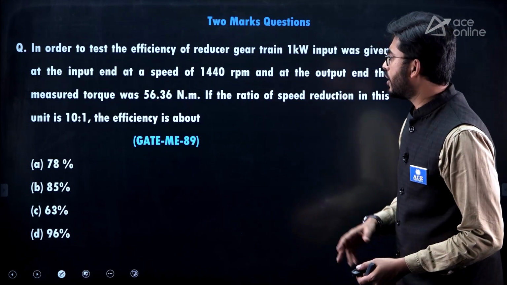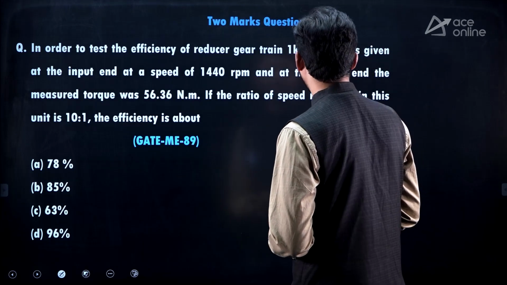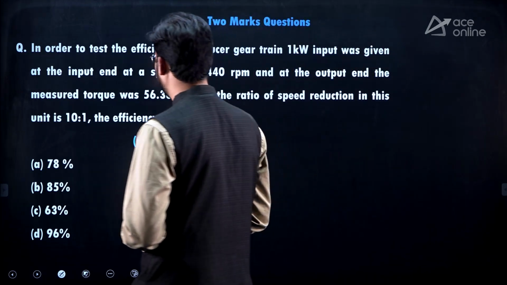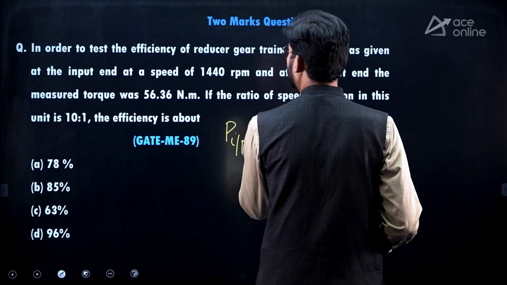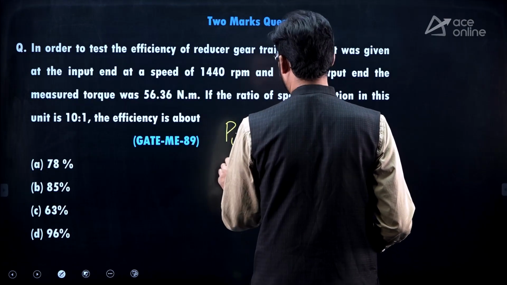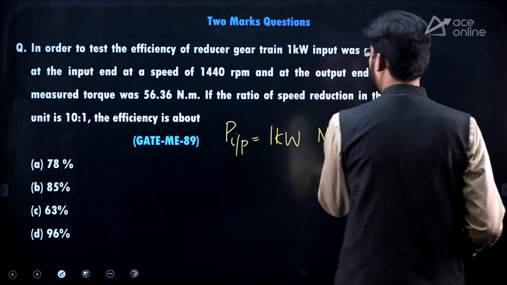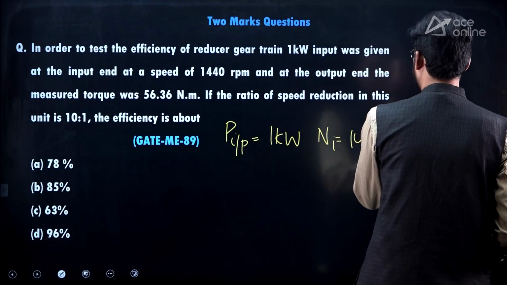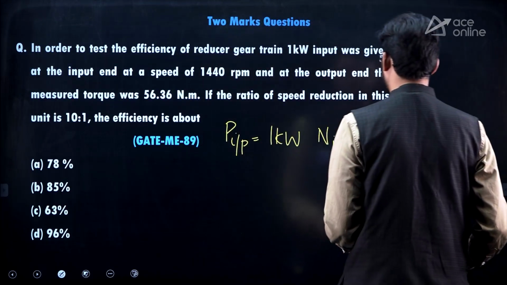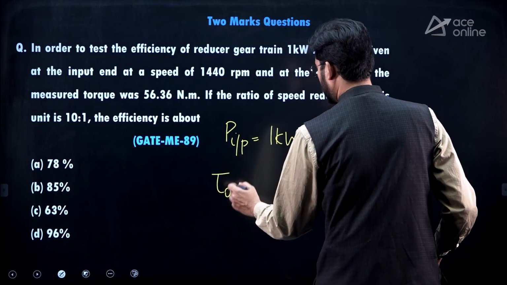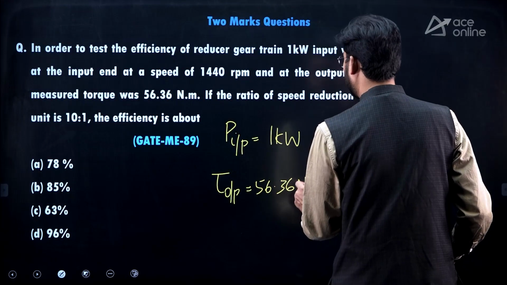Next question, in order to test the efficiency of reducer gear train, 1 kilowatt input was given at input end. So input power is 1 kilowatt and the speed is 1440 RPM. That is input speed is 1440 RPM and output end measured the torque as 56.36 Newton meter.